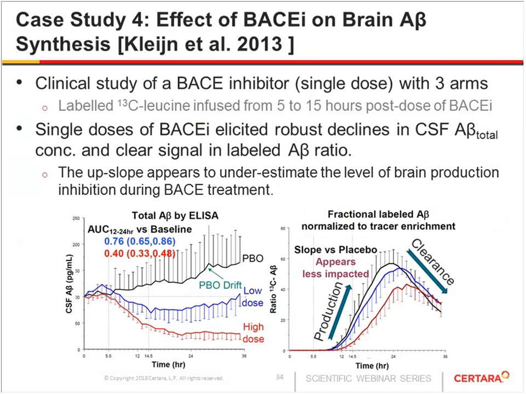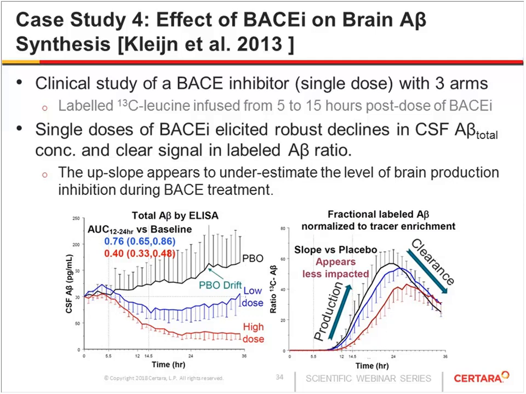And basically, what they did here was to administer C13 leucine to healthy volunteers as an infusion, and then look at the effects of a drug intervention on the rates of production of A beta. And so they looked at it in 3 different arms.